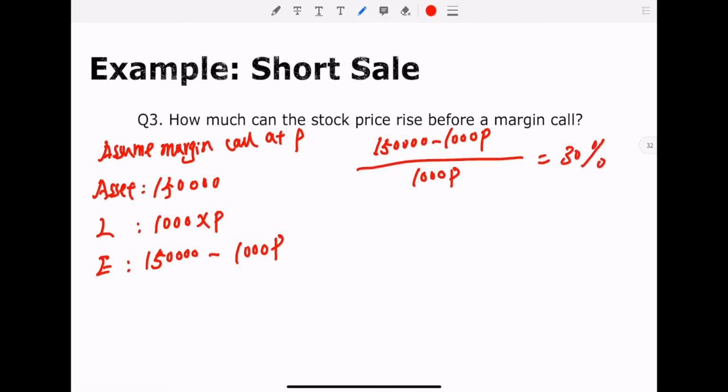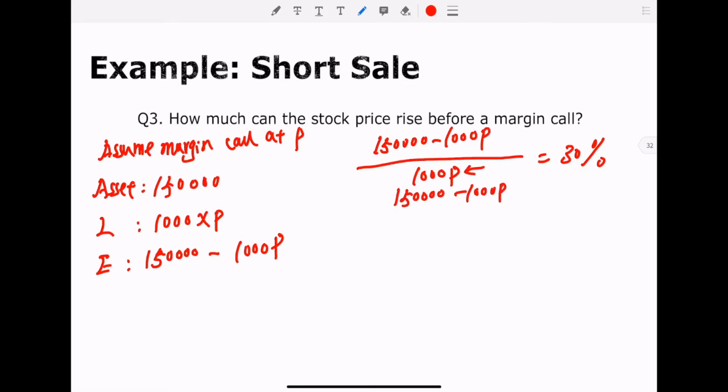First, you should be able to solve this, right? So to solve this, we will move the denominator to the right-hand side, which gives us 300p.